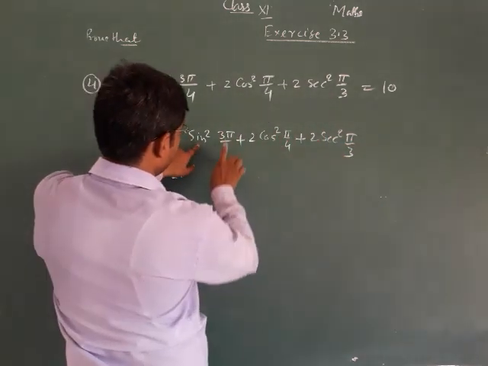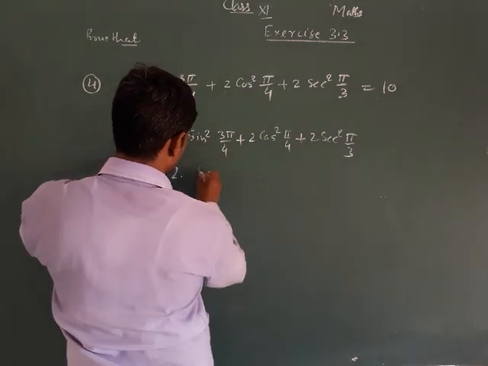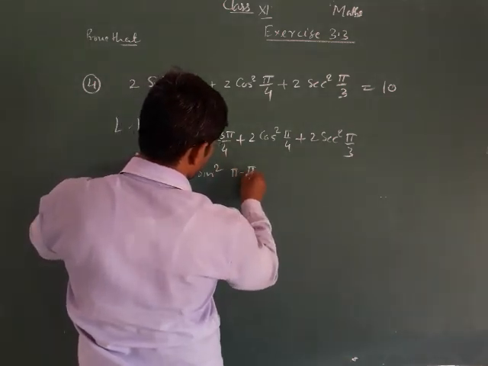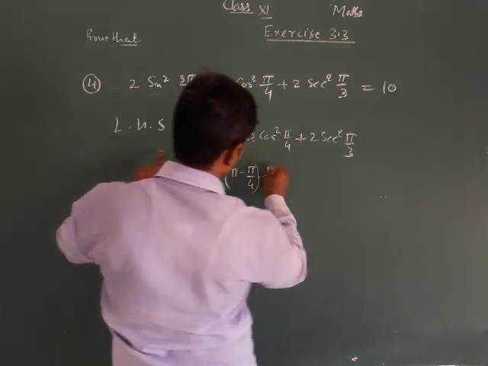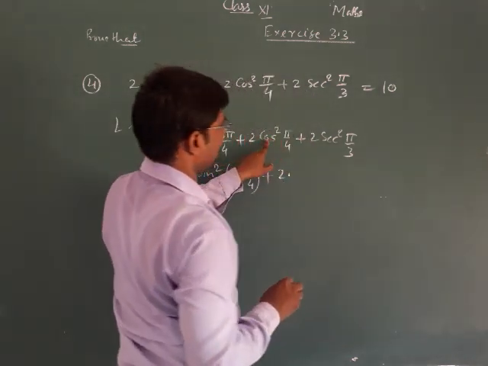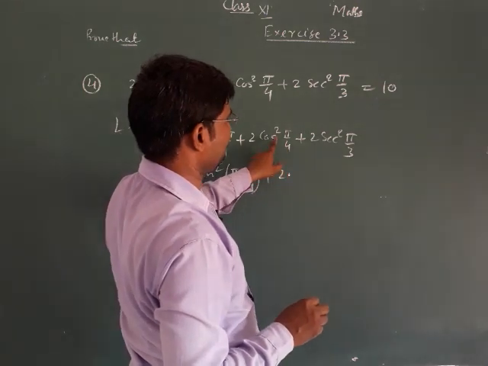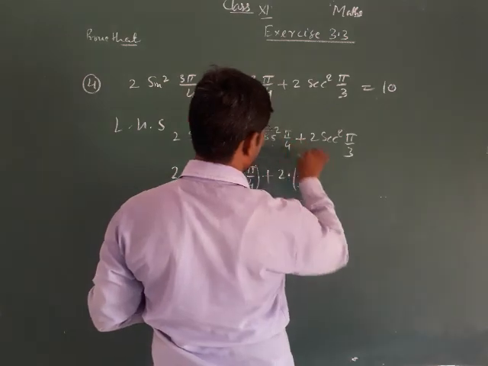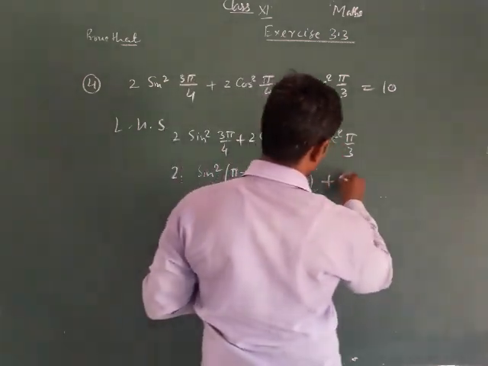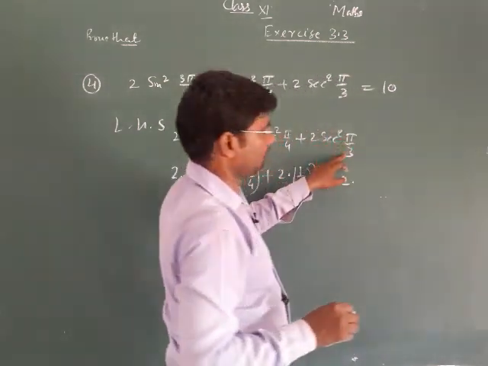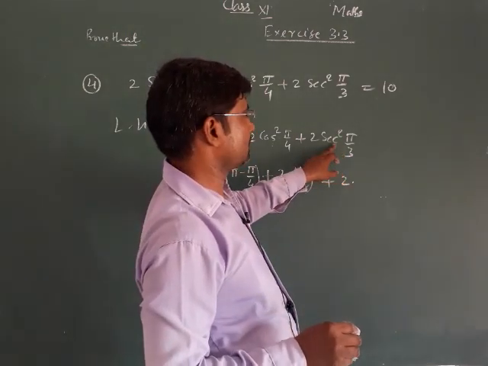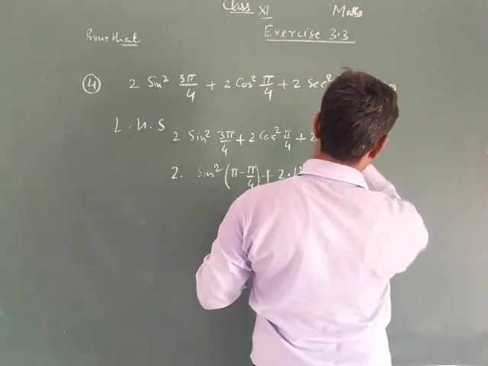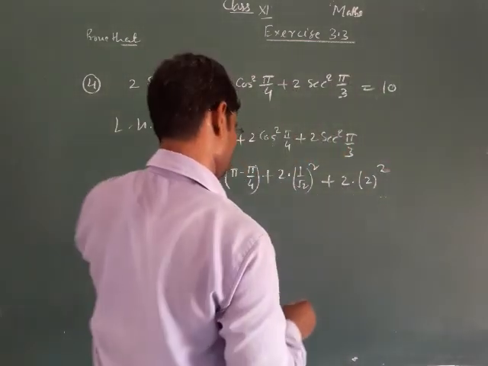Now break up this angle: sin squared (π minus π/4) and plus 2 into cos π/4 means cos 45, 1 upon root 2, so this is squared. Plus 2 sec π/3 means 60 degree, sec 60 degree means this is 2, so also squared.